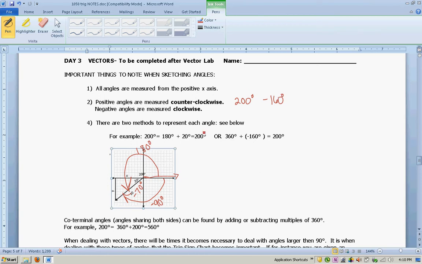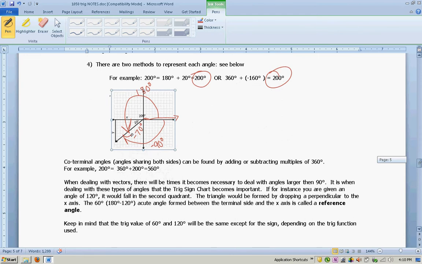Now, this first one we have shown to be 200 degrees, but if I went one complete revolution, which is 360 degrees, and did a minus 160 degrees, that also yields another way to arrive at a 200 degree angle. Now, coterminal angles are angles that share both sides, meaning they have the same initial and the same terminal position.